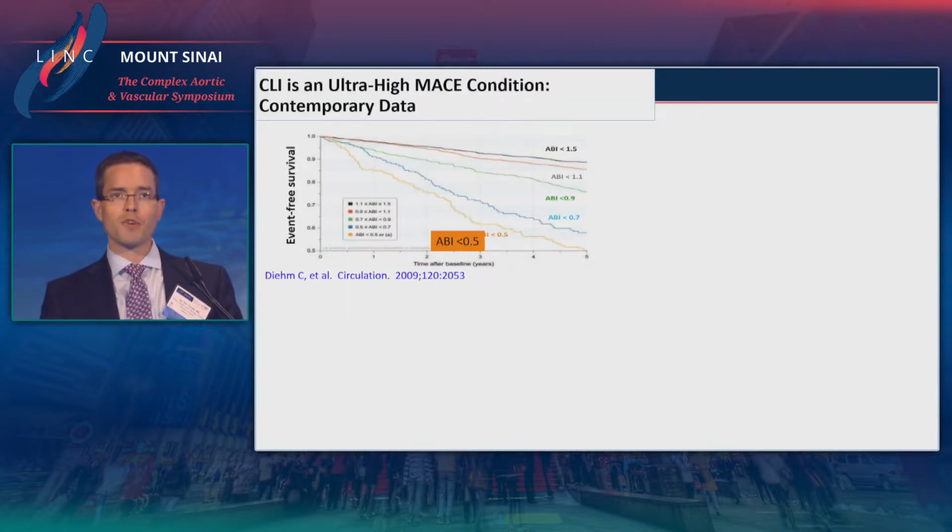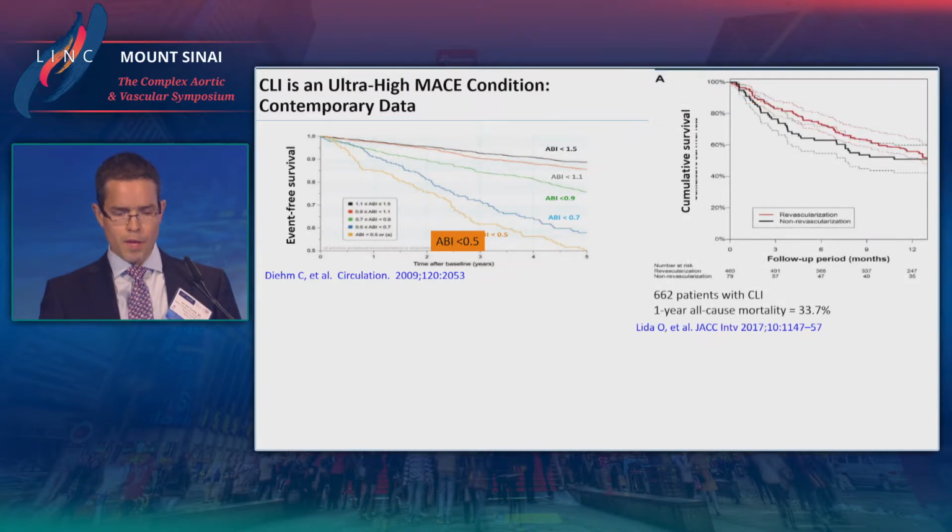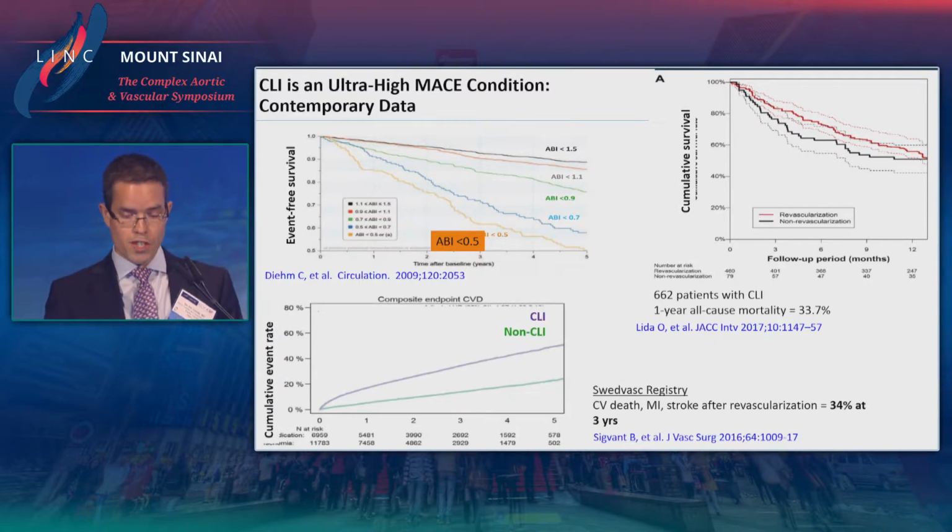These are contemporary data on the cardiovascular outcomes of CLI patients. And as you can see, the outcomes, despite everything that we have nowadays, are still horrible. So you can see that a low ABI has a very high event rate. In a Japanese series of 662 patients, one-year mortality 33%.